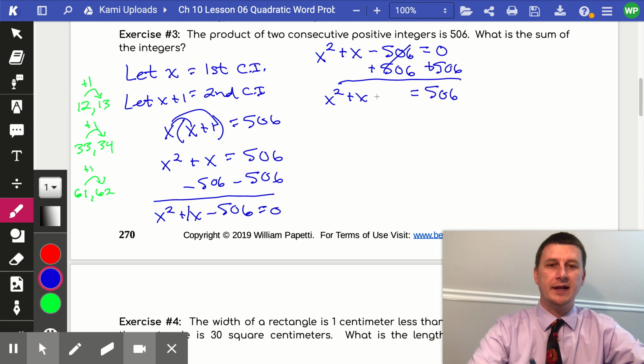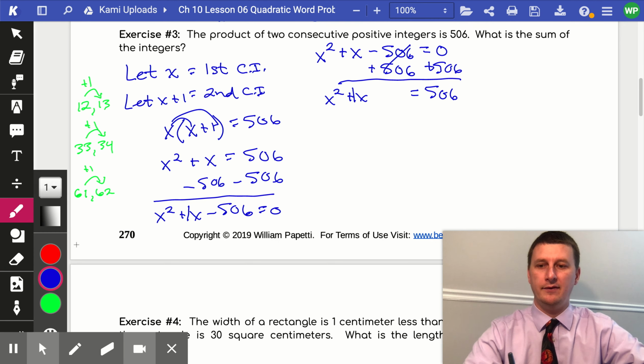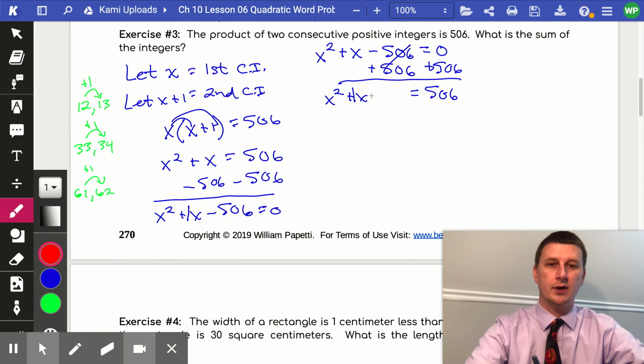Now I left that space because my next step is to take my b term, which is a 1, divided by 2 is 0.5, and square it so I get 0.25, or 1/4, however you want to look at it. So you want to add that value to both sides of your equation to keep it equal. So I'm going to add 0.25 to both sides.